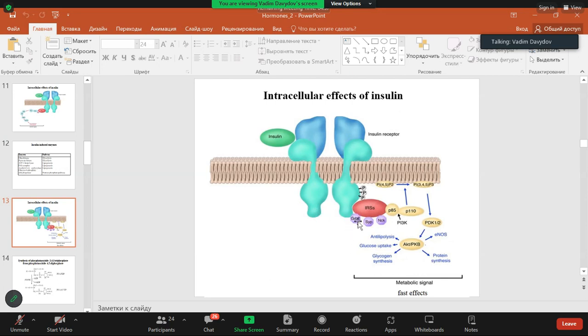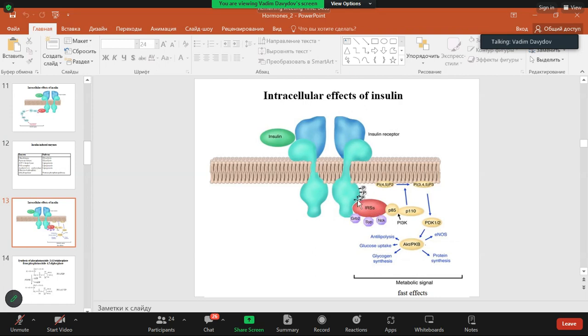But the receptor may also use other substrates. In the signal transduction pathway coupled with activation of that enzyme, the substrate of the insulin receptor is a special protein called insulin receptor substrate 1, IRS1.